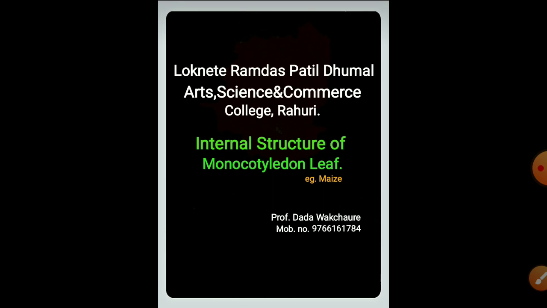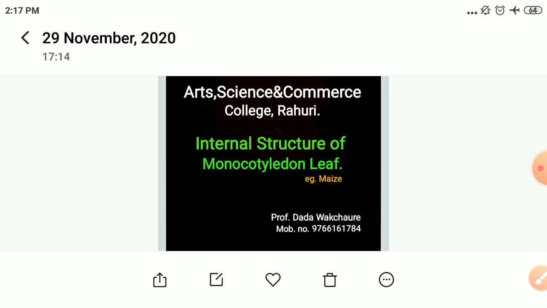Whenever we cut a transverse section of such a leaf, these veins running in the lamina, the blade of the leaf, appear as vascular bundles in the transverse section. This we have to observe in the transverse section of the monocot leaf.